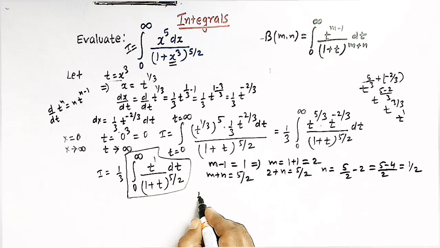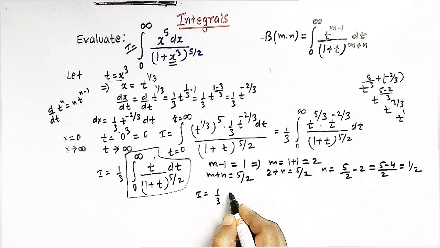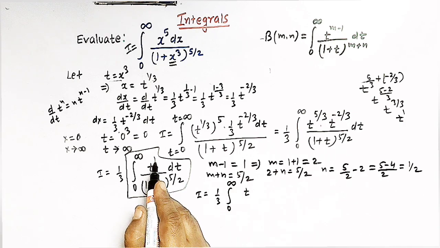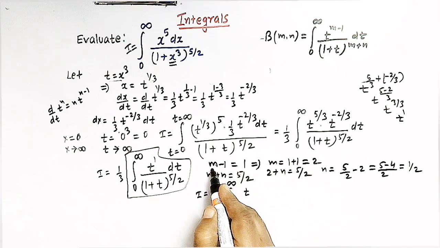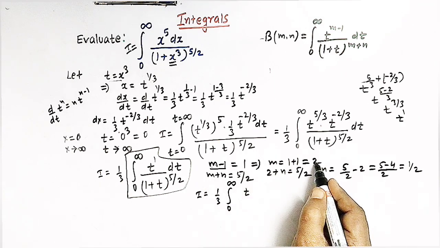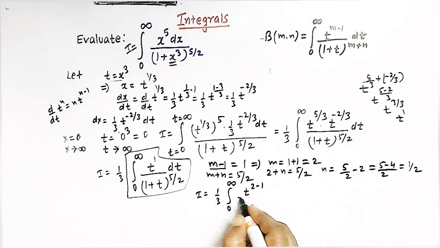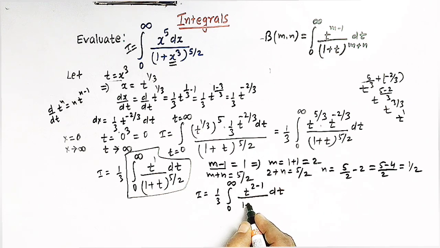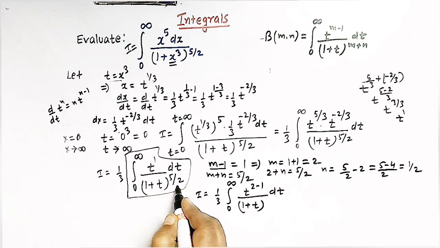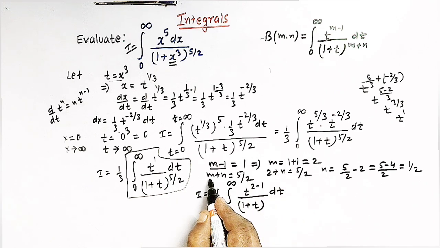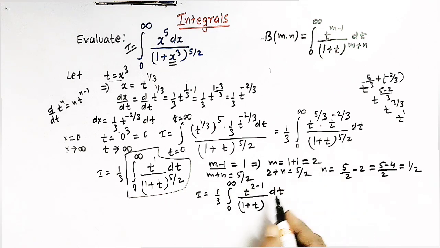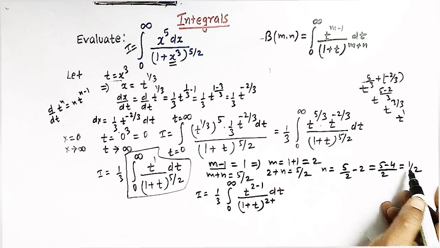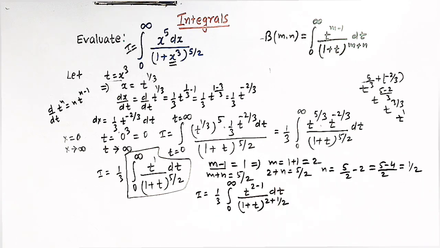So now we can write this integral I as 1 over 3, integral from 0 to infinity, t raised to 1. So 1 can be written as m minus 1, where m is 2, so we write 2 minus 1, and here we have dt over 1 plus t raised to 5 over 2. So 5 over 2 is m plus n, where m is 2 and n is half.